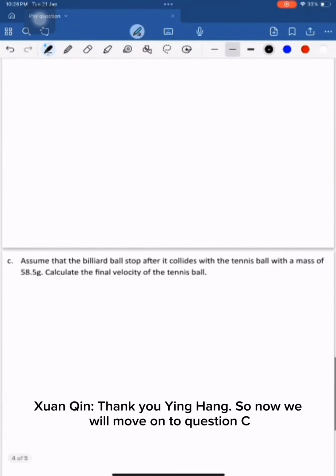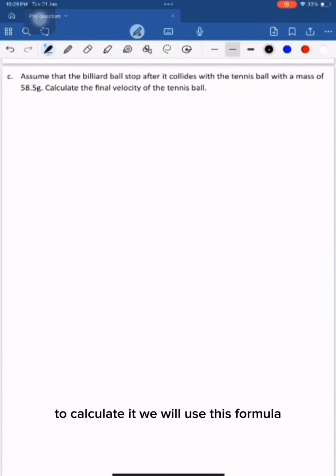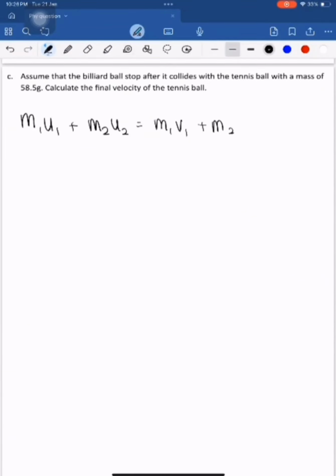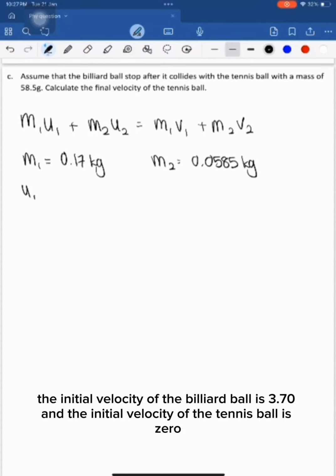Thank you, Yinghan. So now we will move on to question C. Assume that the billiard ball stops after it collides with the tennis ball, which has a mass of 58.5 grams. Calculate the final velocity of the tennis ball. To calculate it, we will use this formula: m1 u1 plus m2 u2 equals m1 v1 plus m2 v2. The mass of the billiard ball is 0.17 kg. The mass of the tennis ball is 0.0585 kg. The initial velocity of the billiard ball is 3.70, and the initial velocity of the tennis ball is 0.